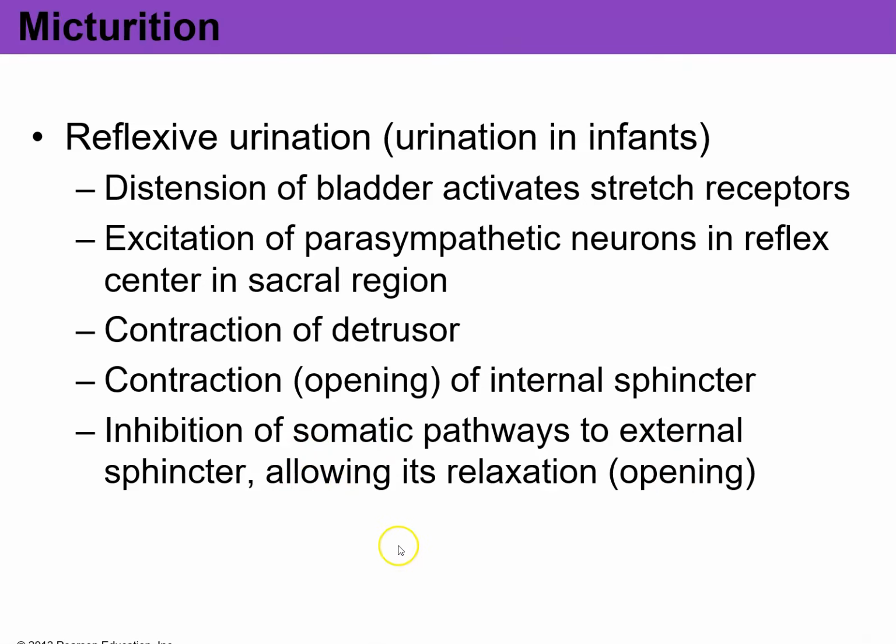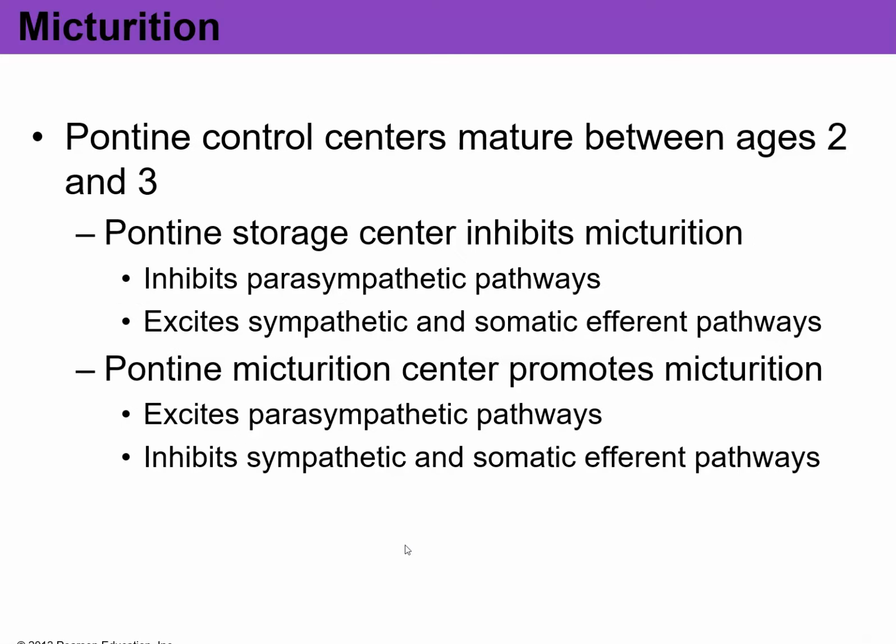This reflex inhibits sympathetic pathways and activates parasympathetic pathways, which allows this process to take place. The control centers for this reflex are in the pons. That's why pontine is just an adjective of the pons. So there's a micturition center in the pons that allows that reflex to take place.